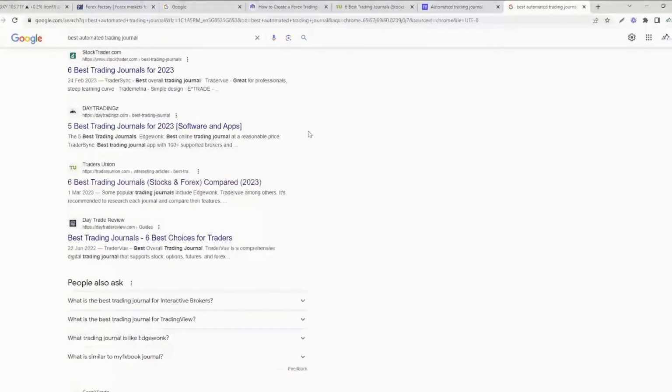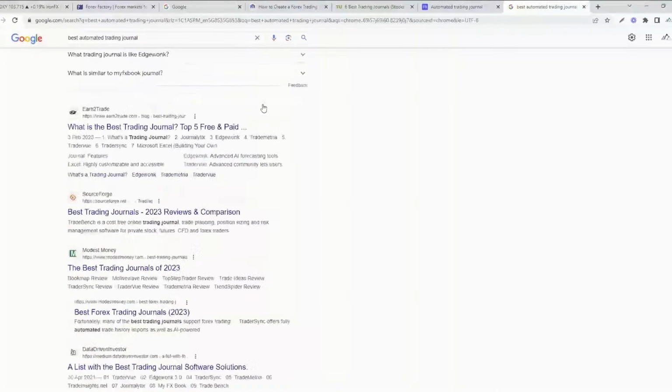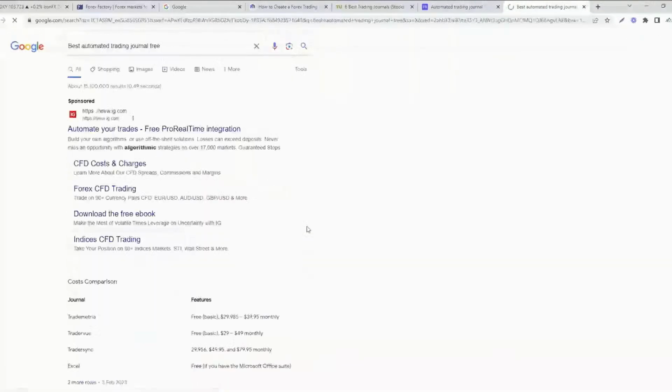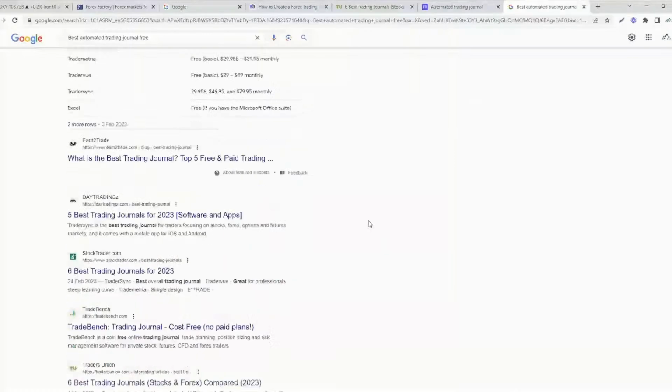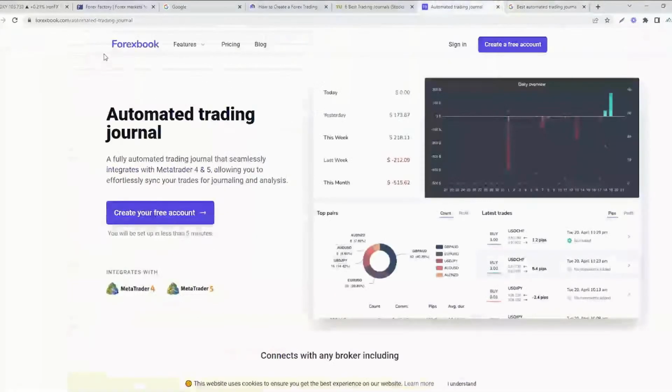Okay, best real world trader view. Some of these seem to be manual. What about automated? Okay, no, all right. I'll just use this as an example.